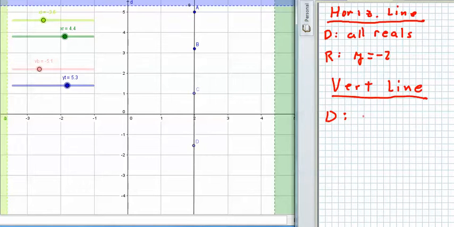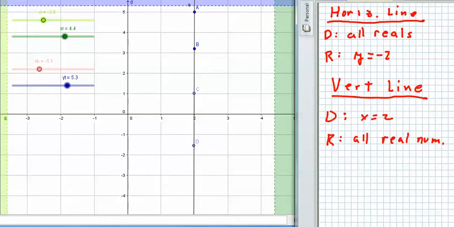The domain is x equals 2. The y value, on the other hand, goes up and up and up forever, down and down and down forever. The y value, or the range, is all real numbers.